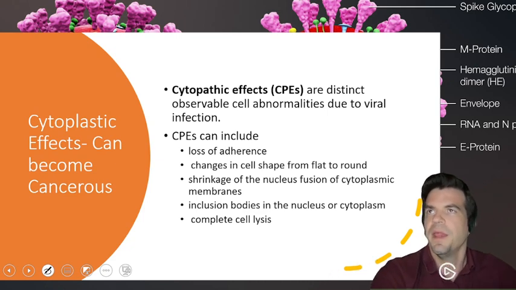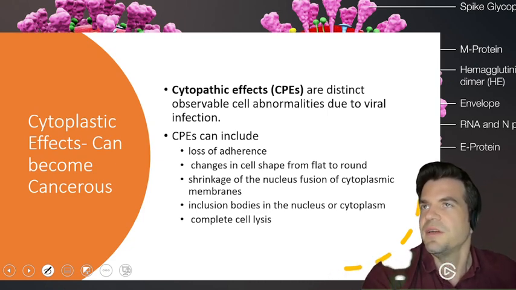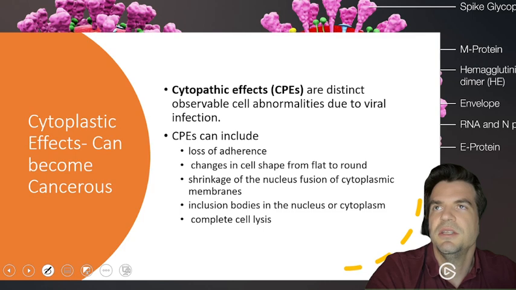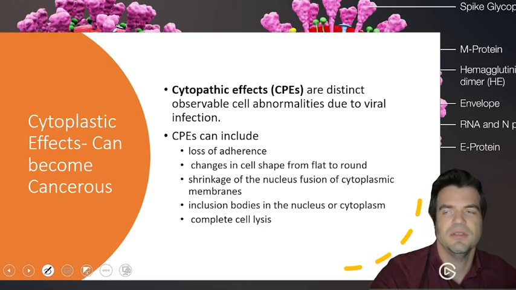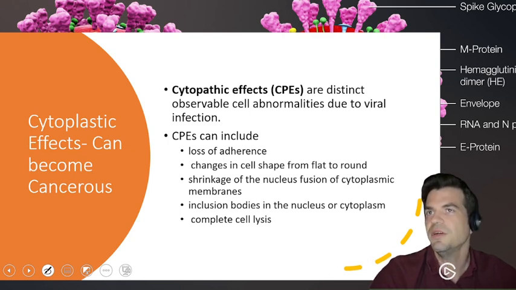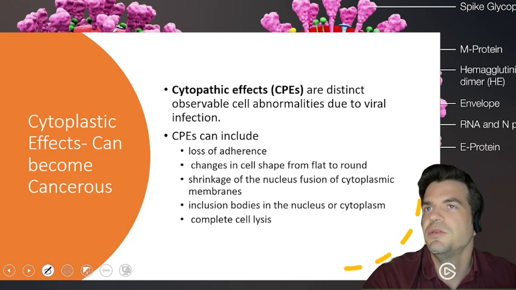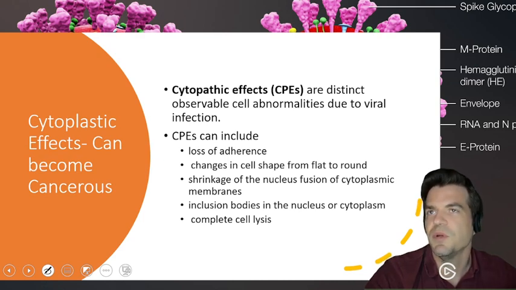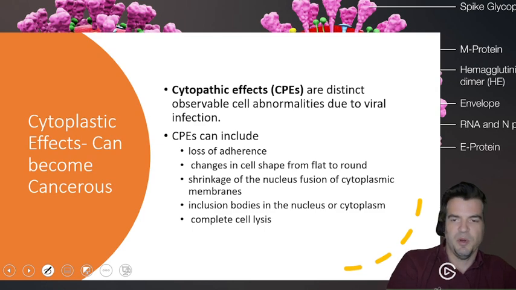So we move on to cytopathic effects. They are distinct observable cell abnormalities due to viral infection. Lots of things can happen. You can lose your ability to adhere. You can change your shape from flat to round, shrinkage of the cytoplasmic membrane, and just complete cell lysis.